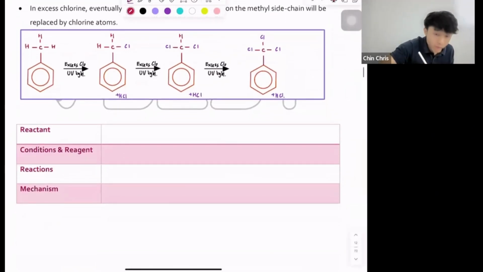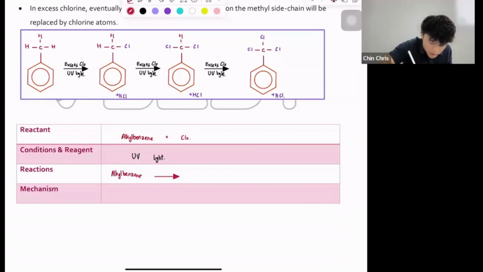Alright guys, let's go. So let's say if I have an alkyl benzene, and I add Cl2, remember the condition is UV light. So an alkyl benzene will turn into a halo alkyl benzene.